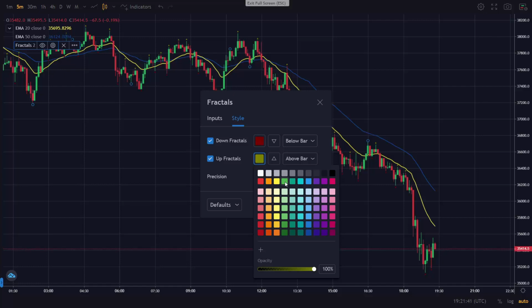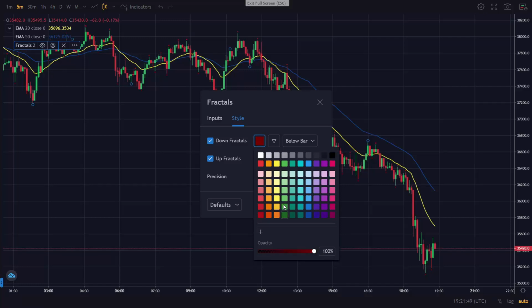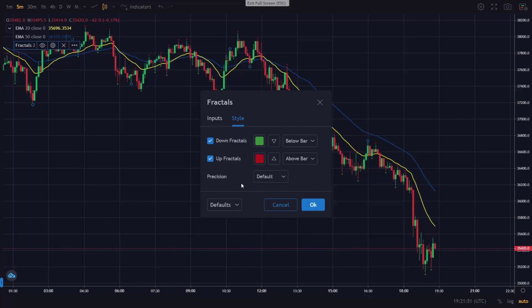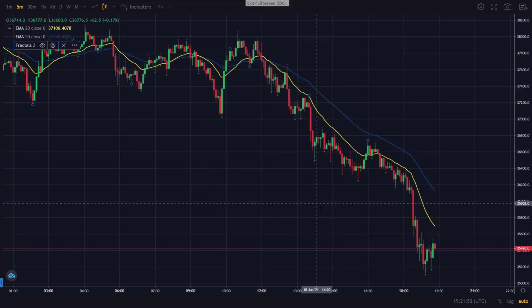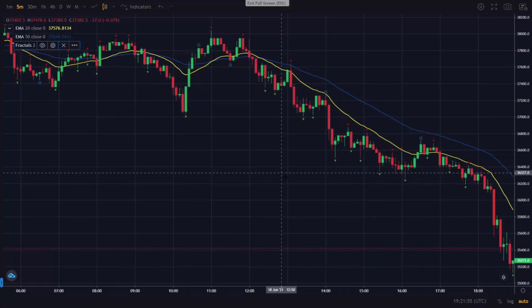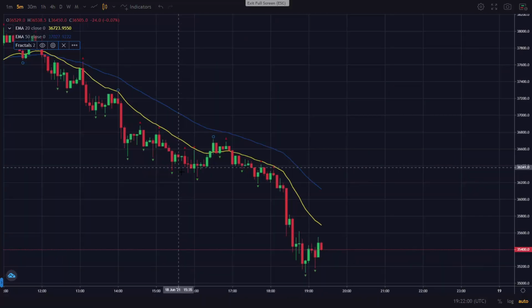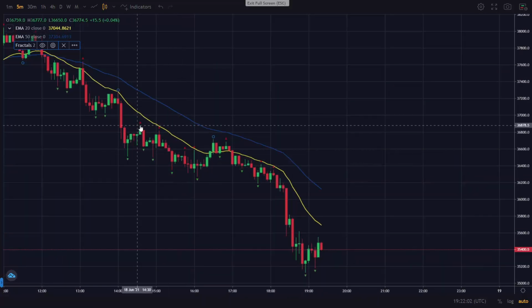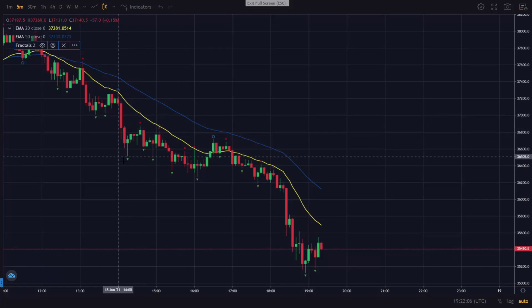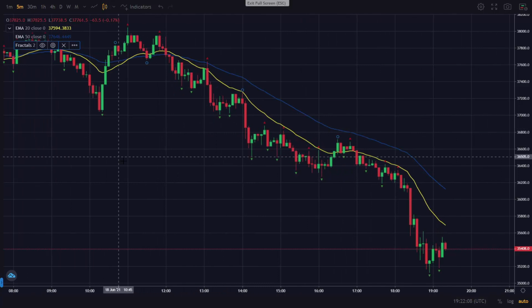We're going to make the up fractals, the above bar fractals, red, and the below bar fractals green. And I'll explain why we're doing this shortly. So once I zoom in, you're able to see these green and red arrows above and below different candlesticks.